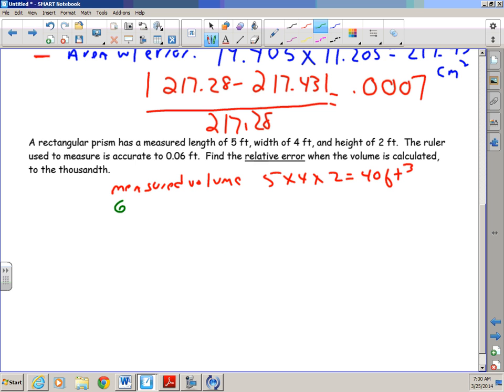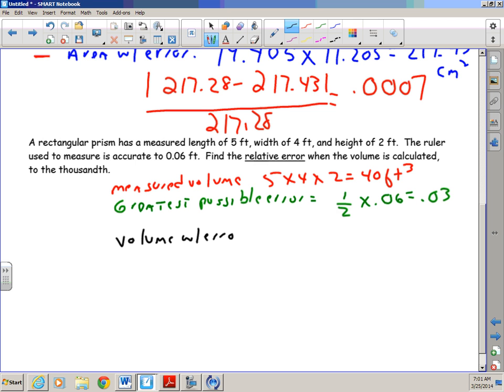My greatest possible error is half of 0.06, or 0.03. So now I'm going to get my volume with error. So it's going to be 5.03 times 4.03 times 2.03, which is 41.15 feet cubed.